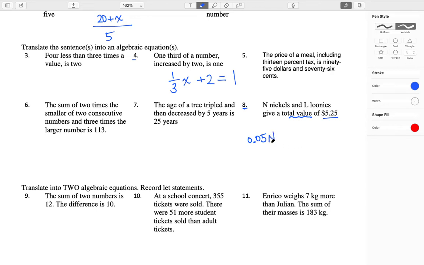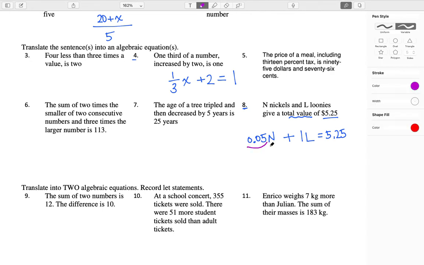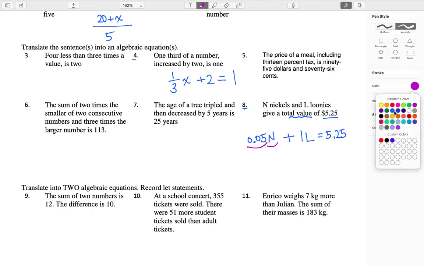N represents the number of nickels, plus loonies is $1, 1 times L, which is the number of loonies, is equal to 525. So when you are writing the value, don't forget, you have to write the amount that it's worth times the number of the coin.